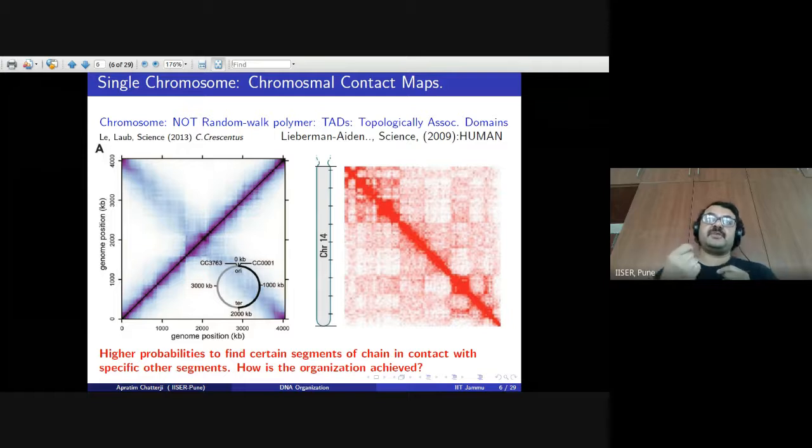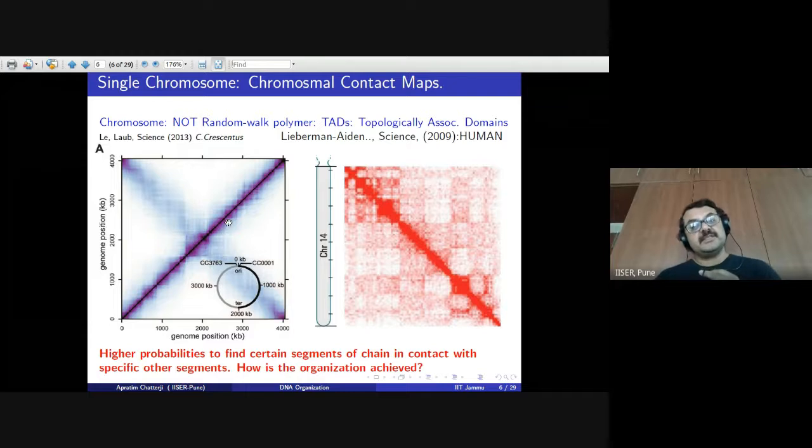The base pairs from 1,001 to 2,000 you call segment number 2, and so on. The Caulobacter crescentus bacteria has around 4 million base pairs. So you will have 4,000 segments, each containing 1,000 base pairs. And so you are plotting segment index on the x-axis as well as on the y-axis.